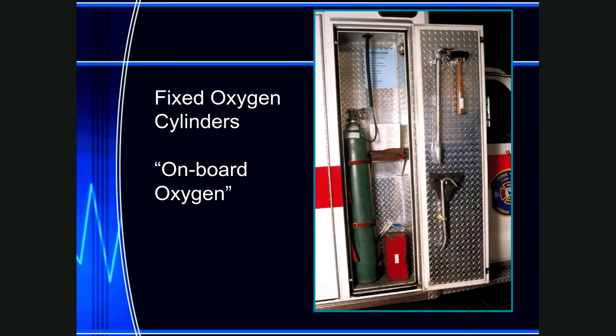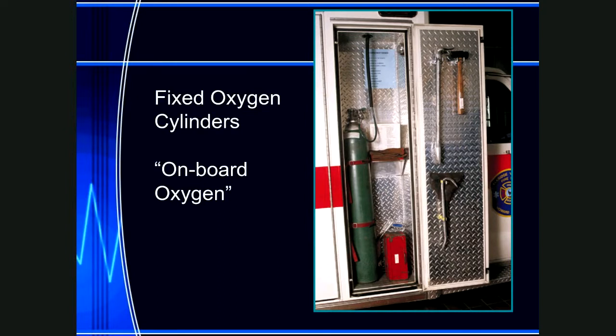Here we have fixed oxygen cylinders in the ambulance, also known as onboard oxygen. They're large green bottles of oxygen. It's a large cylinder, typically an M cylinder, that contains about 3,000 liters of oxygen. Once again, the safe residual pressure is 200 psi, whether it's an M cylinder or a D cylinder.